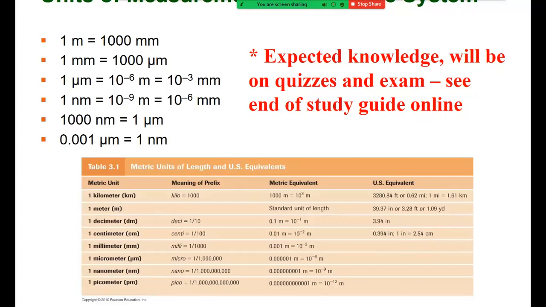Now, metric is also good, besides being a system based on 10, it also is a logical system in that 1 cubic millimeter of water is equal to 1 gram of water.